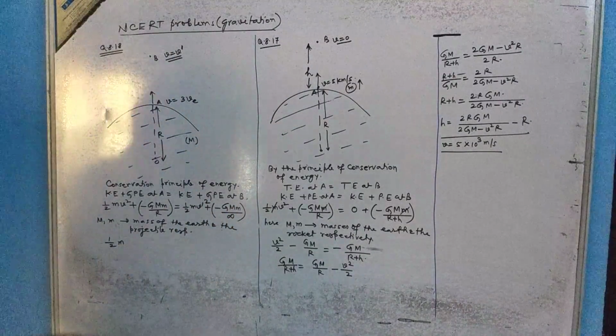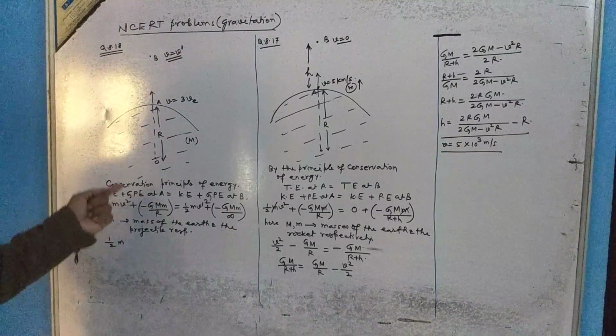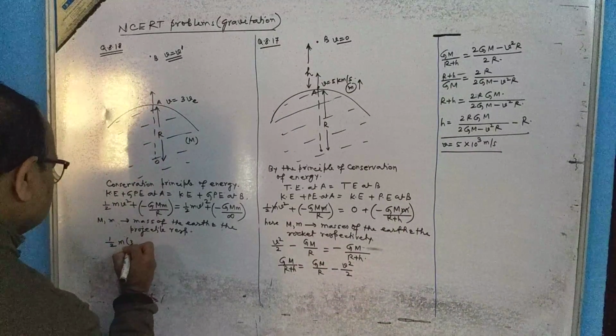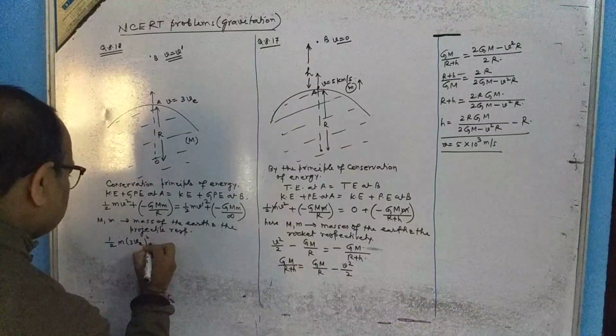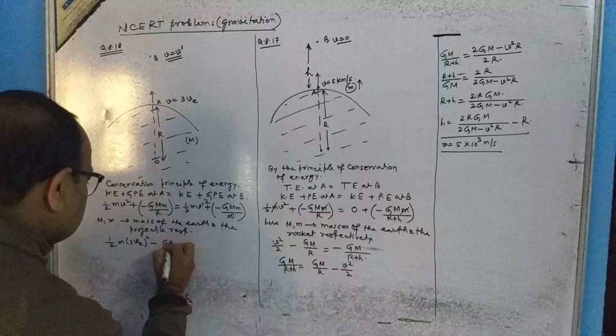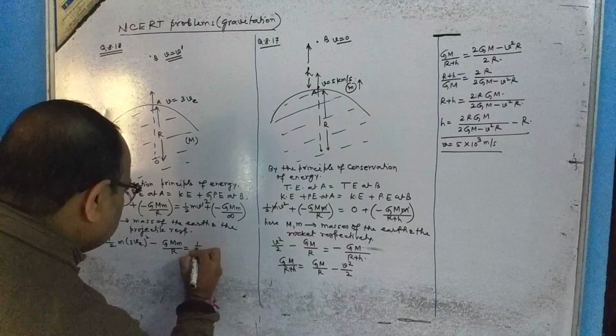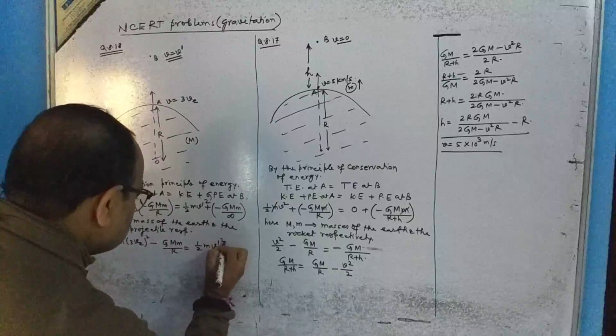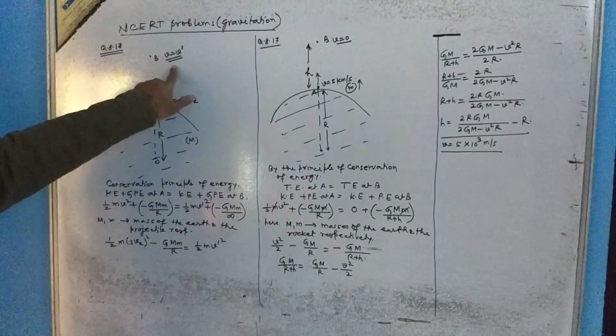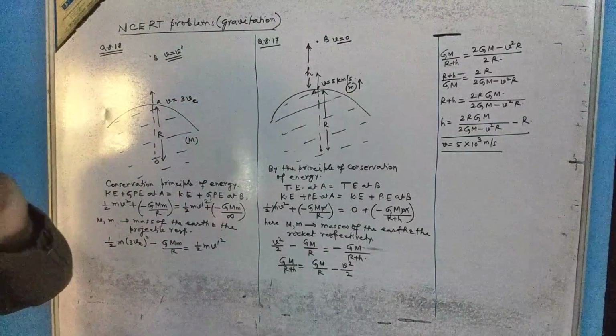Otherwise you may get confused. Here it is thrice v, so (3v) whole square minus G capital M into small m by r is equal to half m v dash square. V dash is the velocity at the point B, which we have to determine.